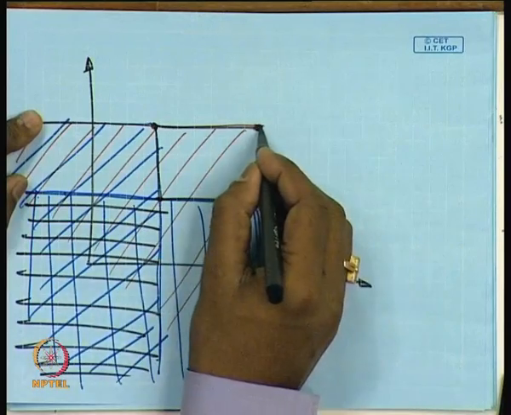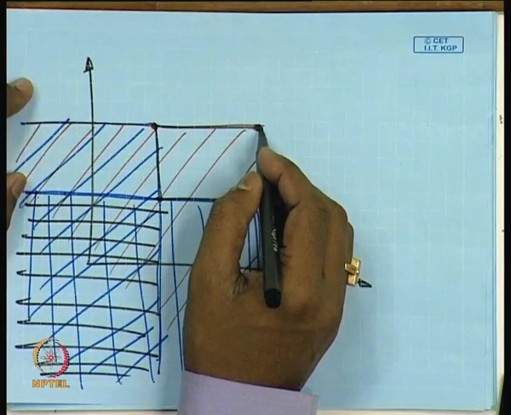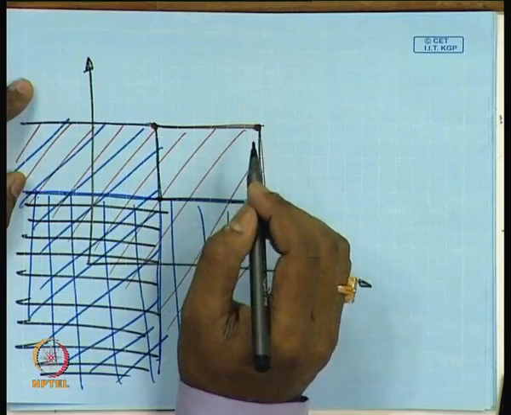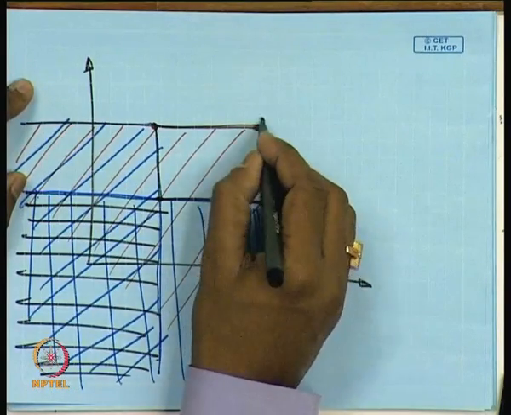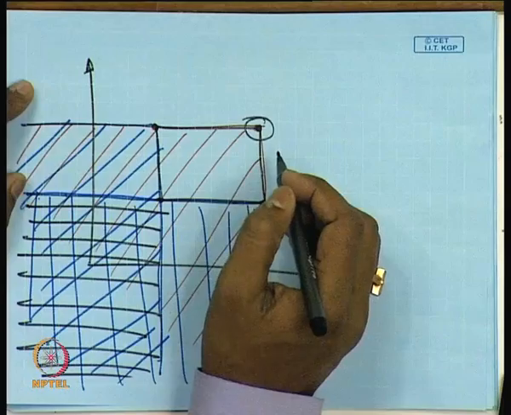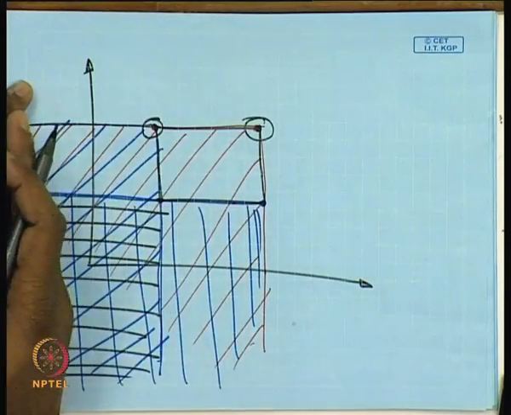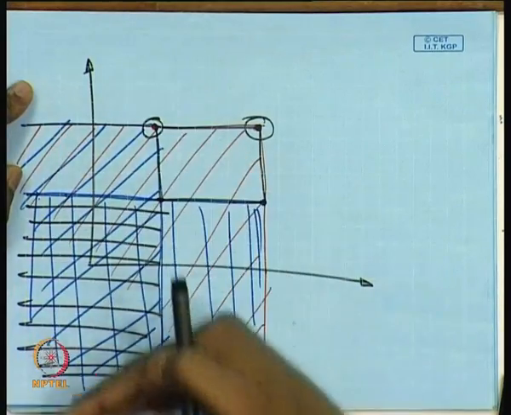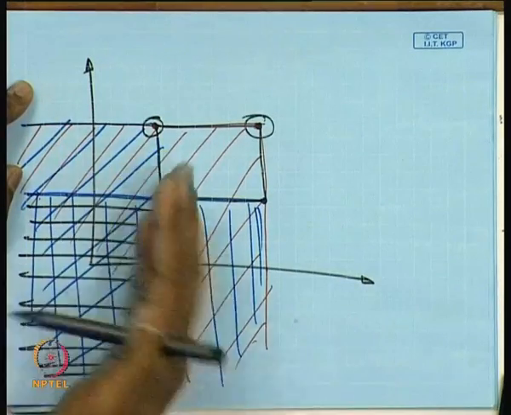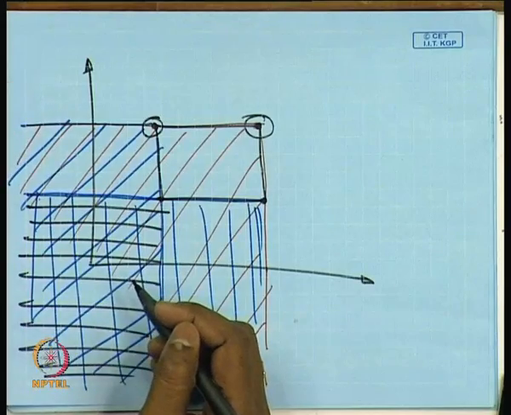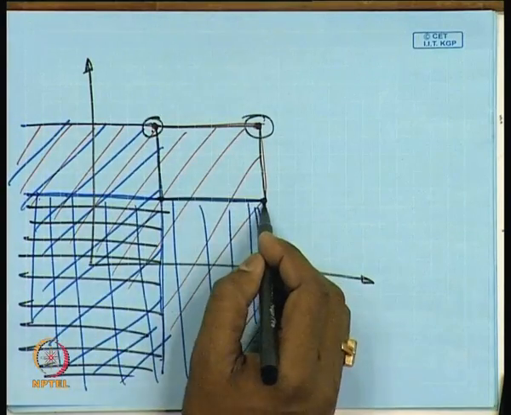So that is why it is the total volume under the PDF, the probability density function, up to this point, minus the total volume under the PDF up to this point. I first deducted this area, then this area again, then I have to add this area back because it has been deducted twice while deducting this point and this point.